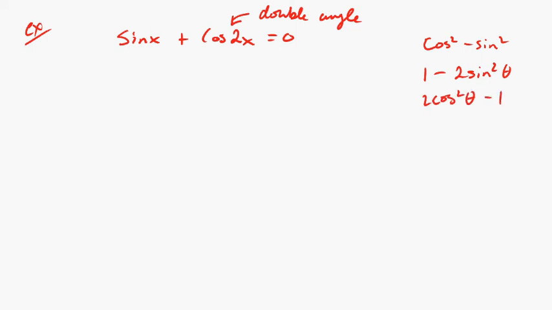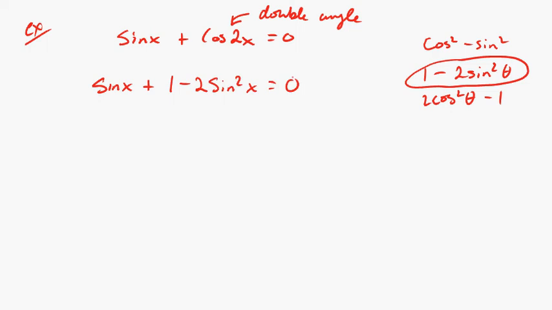Now, if I'm looking at this problem, I probably want to choose the one that matches with what trig function we already have. So I'm going to plug that in. Sine of x plus, and then this would be 1 minus 2 sine squared x equals 0. Now this is already equal to 0, so we're going to factor this now, but let me write it in standard form first.